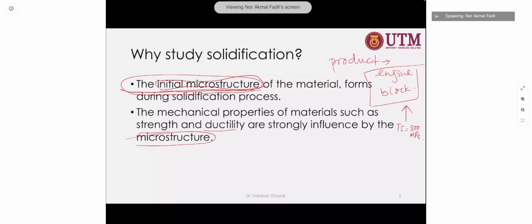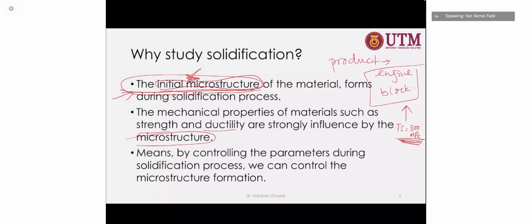If you don't control the solidification properly, you don't get these properties, because the initial microstructure does not give the exact properties of the engine block. So by controlling the parameters during solidification, we can control the microstructure formation, because the microstructure really influences the properties.